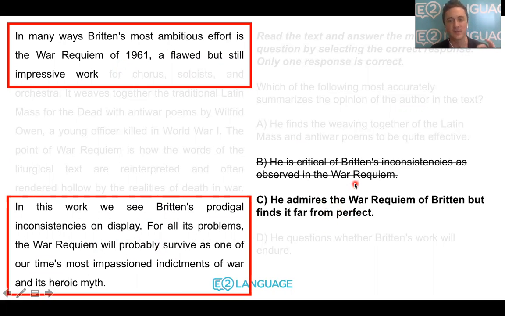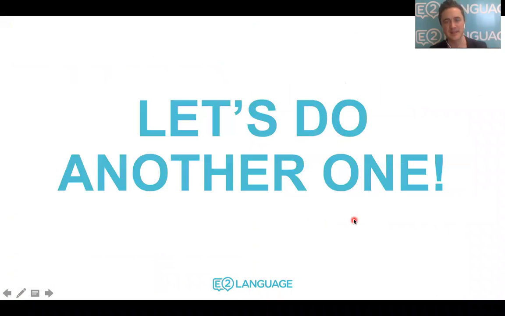Therefore, it must be this one. B is close, but it's not right on the money. It needs to be really right. That's why it says in the question prompt, if you remember, which of the following most accurately summarizes? That's C.